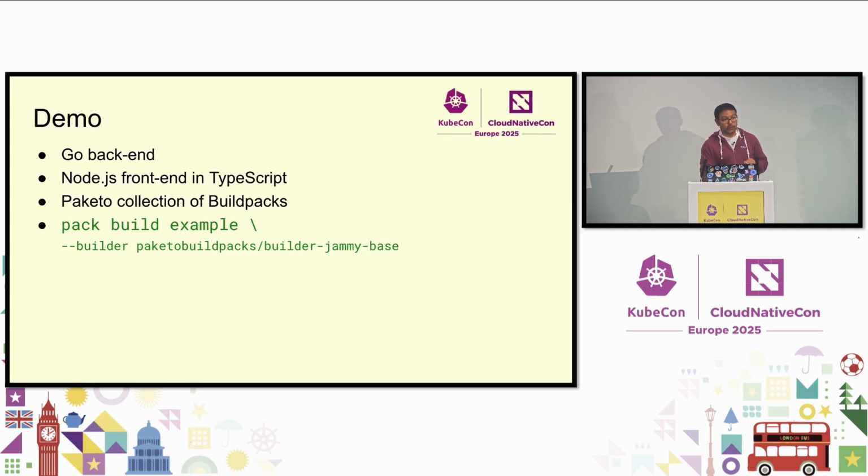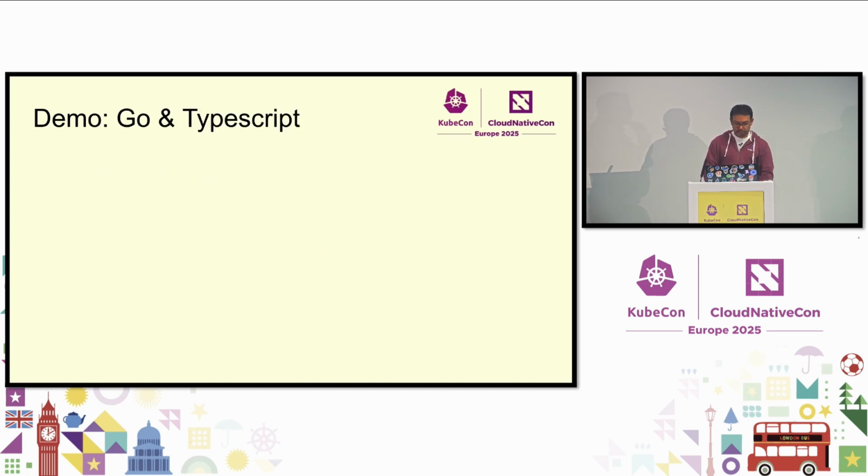We're going to use the Paketo Buildpacks collection and the Pack CLI, and run just a simple command, pack build. Example is going to be the name of the application image. Then the builder flag tells pack, please use this Paketo base builder. You're going to see why that's important.